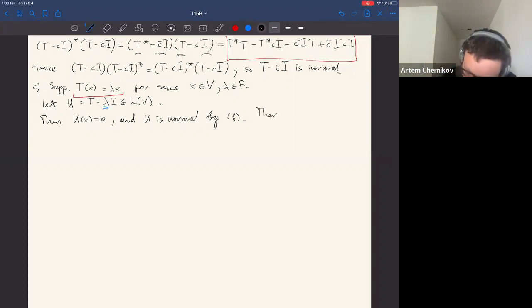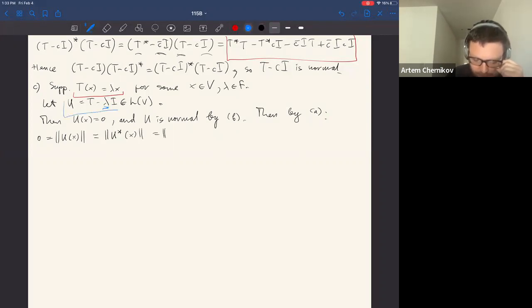But then by A applied to the normal operator U, we have that 0, which is the norm of U of x, because U of x is 0, so the norm of the 0 vector is 0, is equal to the norm of the adjoint applied to x, so U star of x. Now this we can express because we know that U is given by this expression.